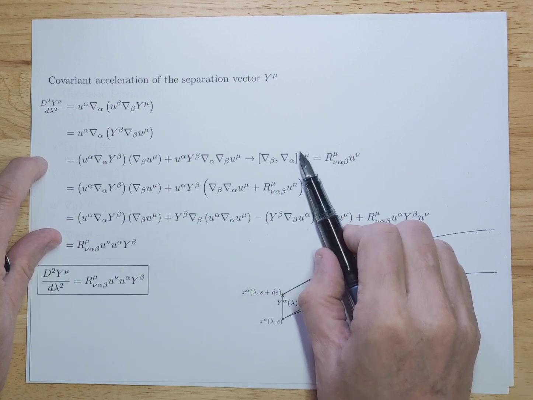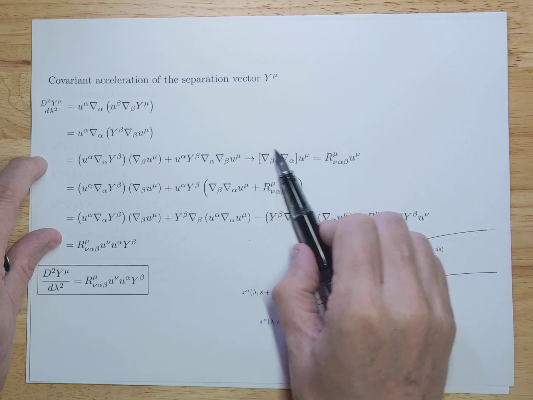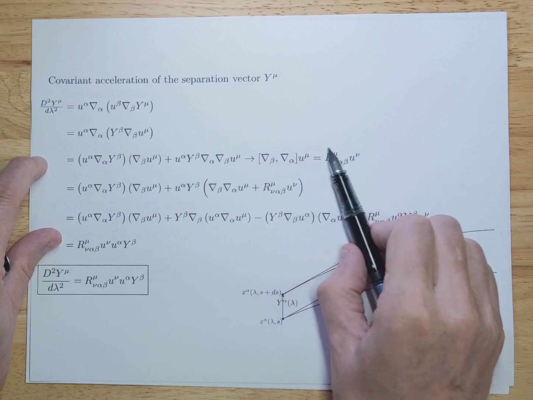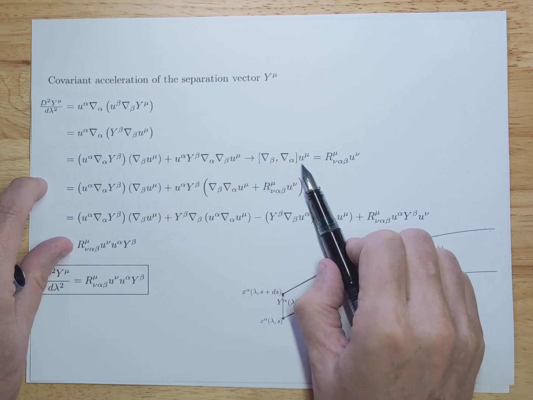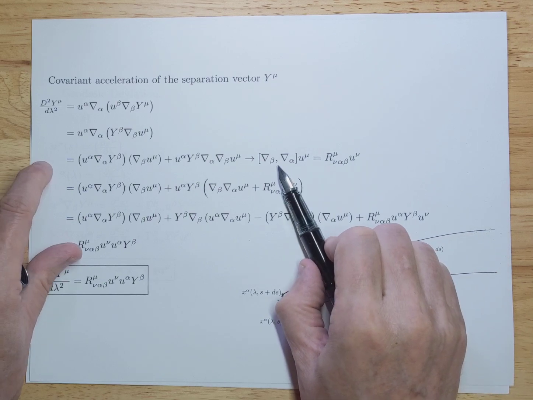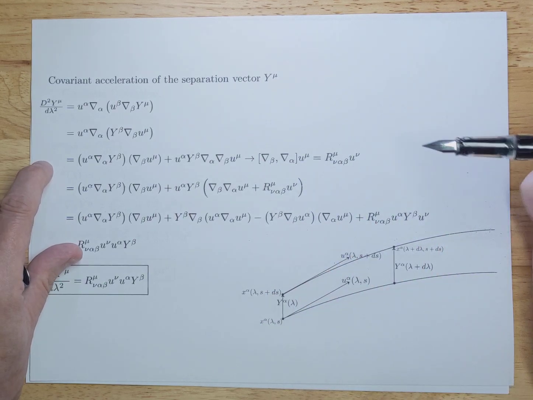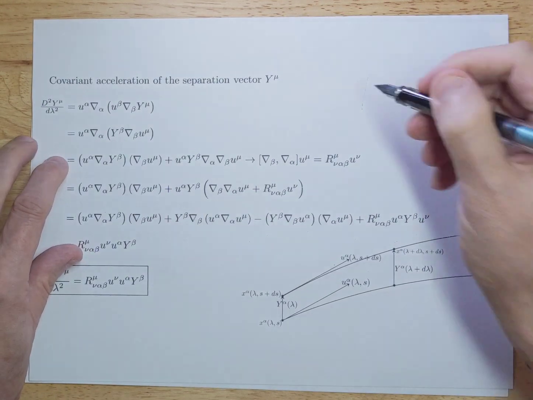And now we're going to use the non-commutative rule of covariant differentiation. You have this if you have curvature in the system. What this really tells you is that you have two approaches.